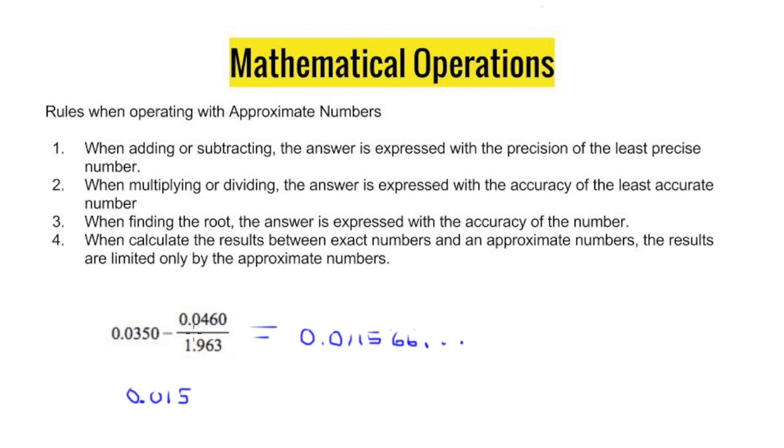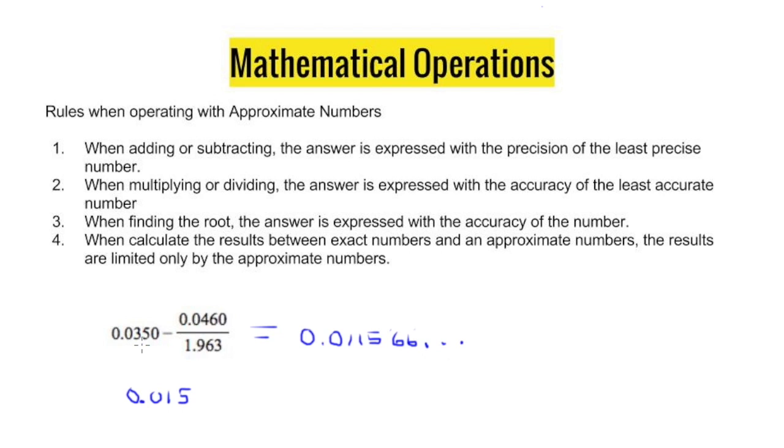So in this problem, we would divide first, and then after we divide, we would lastly subtract. This means that the last operation that we did is subtraction, and because that was our last operation, we're simply going to follow rule 1, and it says we're going to go to the precision of the least precise number.